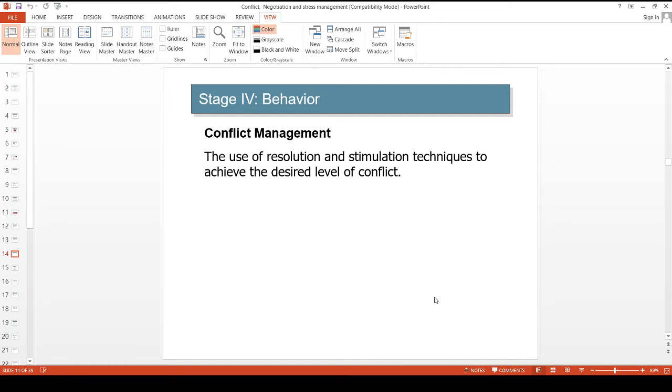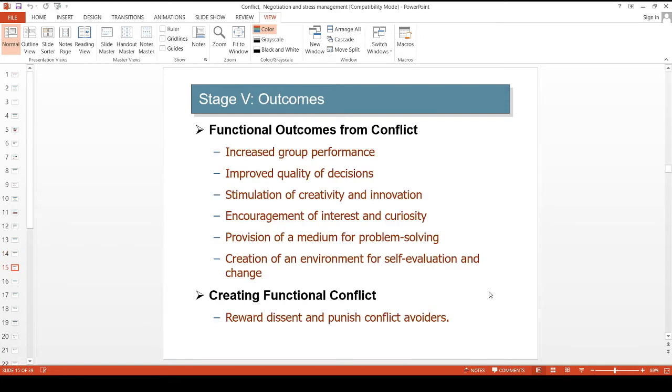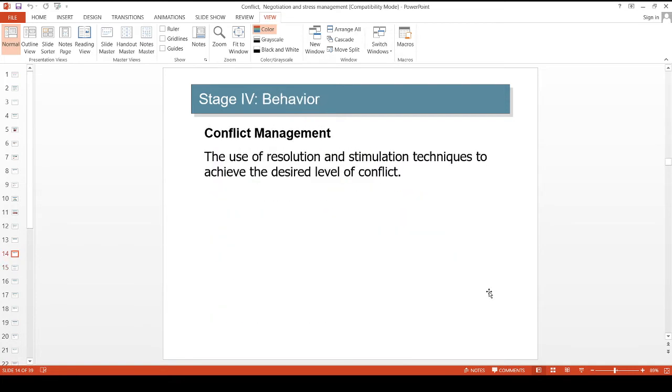So stage 4 is a dynamic process of interaction, and conflicts exist somewhere along a continuum. This stage may have three different components. At the first component, conflicts are characterized by indirect and highly controlled forms of tension. Then the conflict intensifies and escalates as it moves upward until it becomes highly destructive.